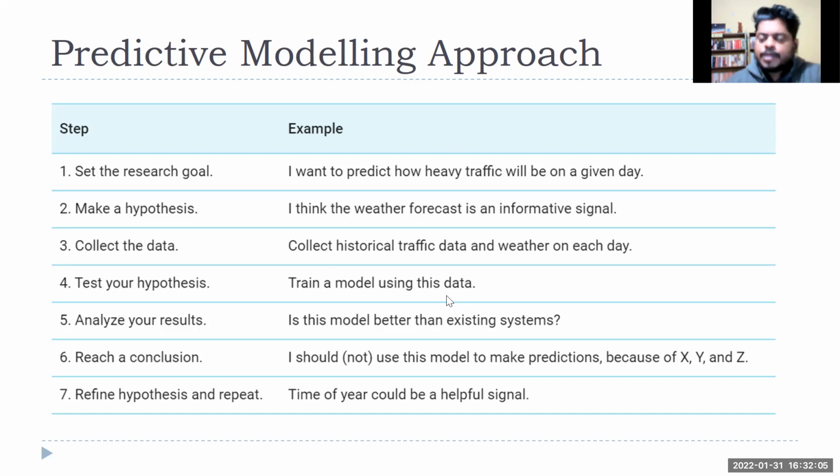So train a model using this data, right? So the first step is to build a very simple model, right? Always, regression is the best if your data sets show some linearity. Start with a simple regression model, then only jump into complex ones, right?